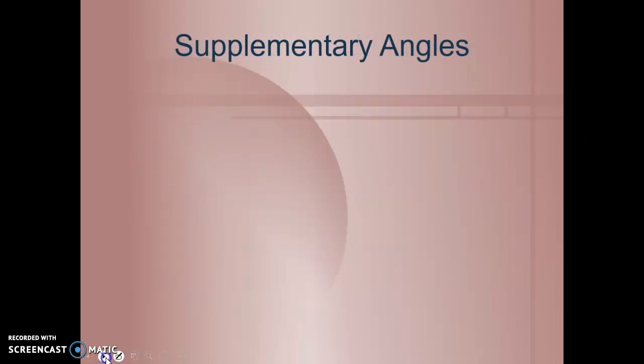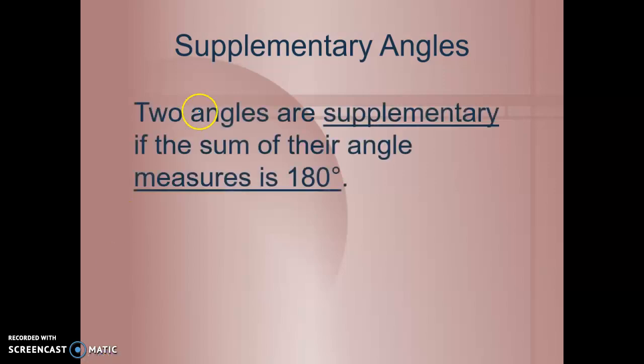Now a quick review about some angles. You might see some of these in your problems today. Supplementary angles are straight lines, if you remember supplementary for straight. 2 angles are supplementary if the sum of their angle measures is 180 degrees. So if we have a straight line and we measured that angle, it would be 180 degrees.